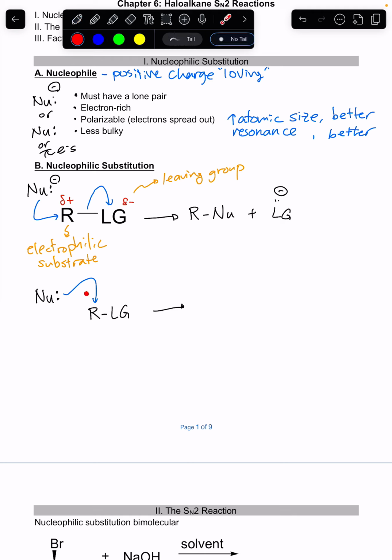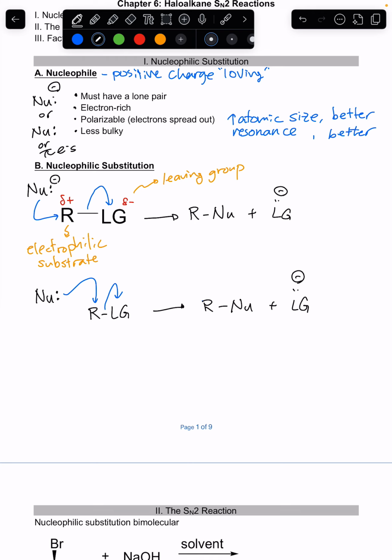This arrow signifies that you're going to have this R to Nu bond, and then this bond breaks, and once it breaks, you would have the leaving group negatively charged.